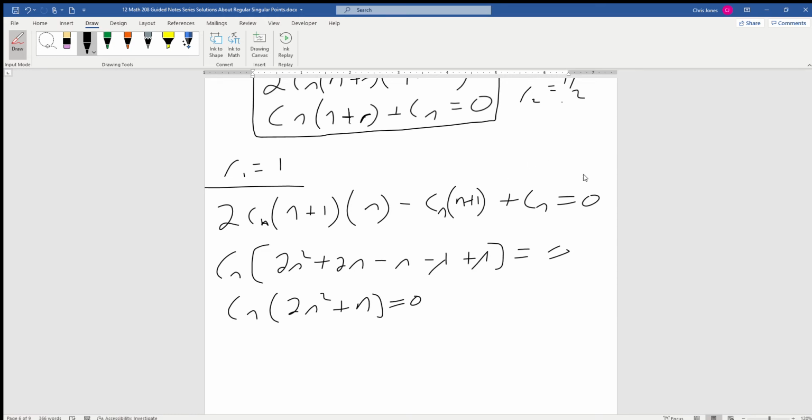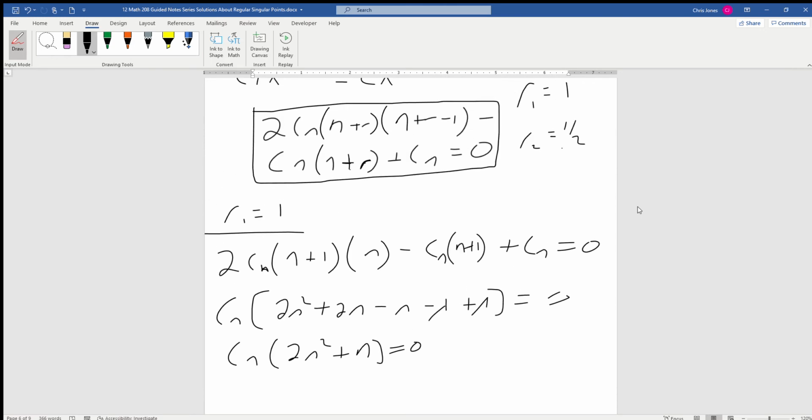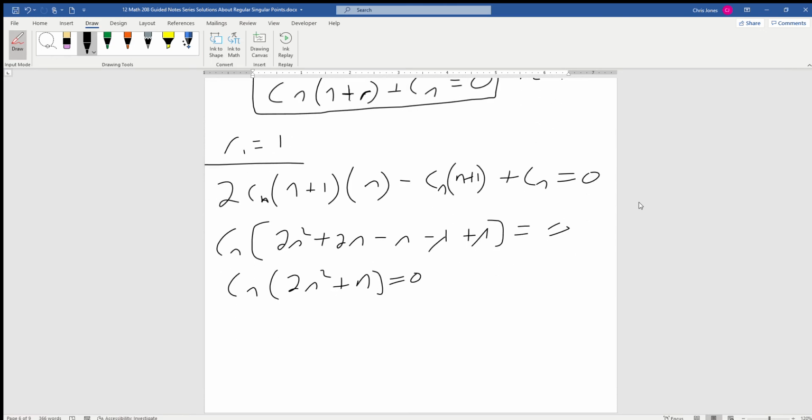Now we already said that c naught cannot be equal to 0. And right here, remember, n is the index, so n is going to be 1, 2, 3, 4, 5, etc. It's the index of the differential of the series. So this will never equal 0.